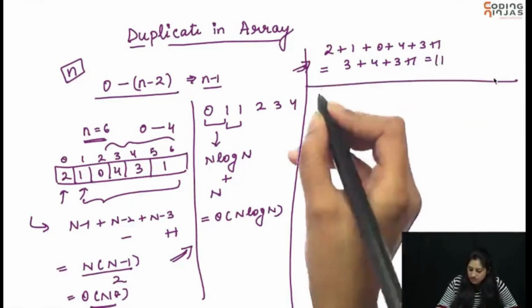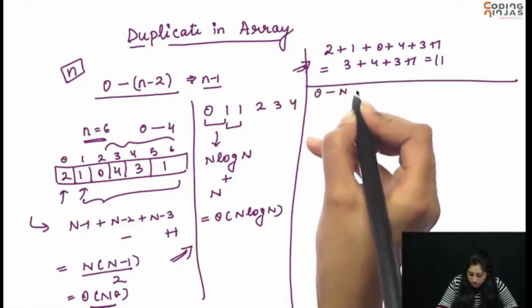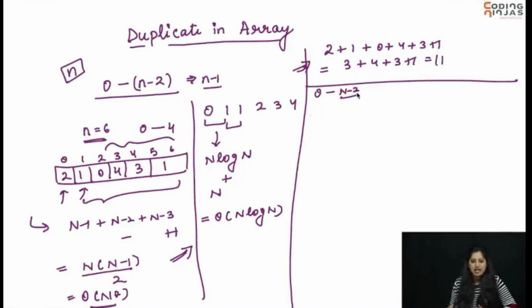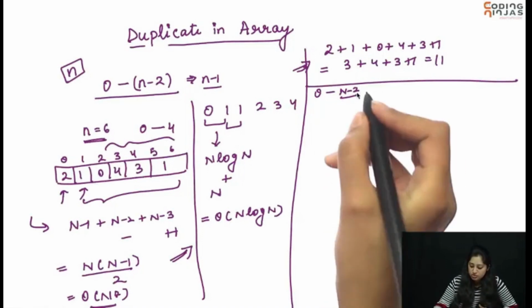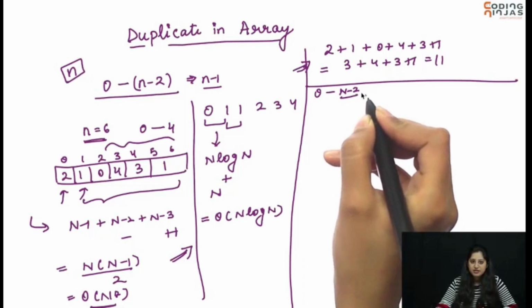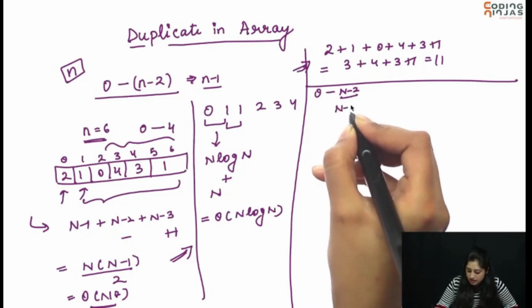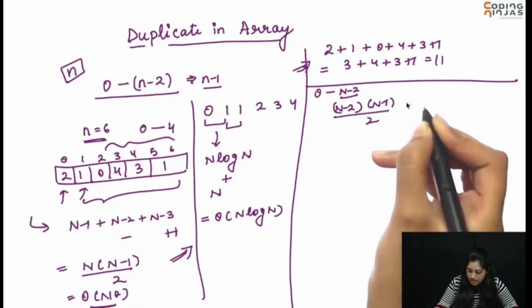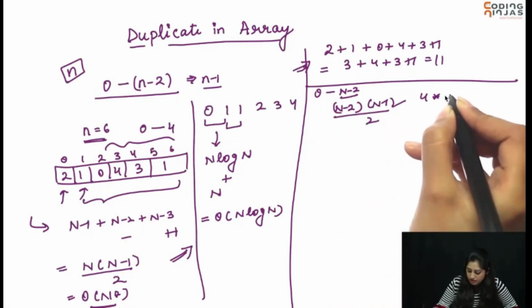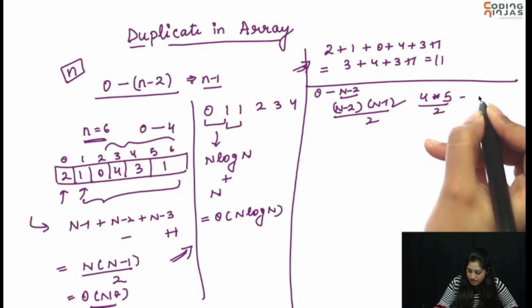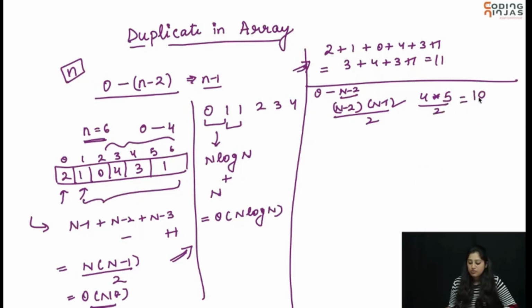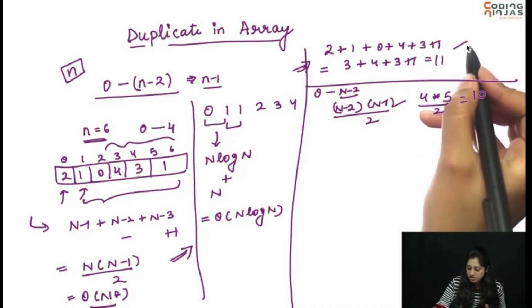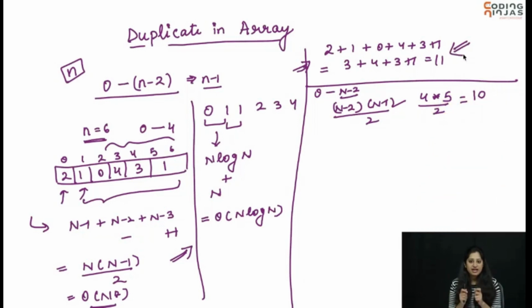If you add, this will be 3 plus 4 plus 3 plus 1, that means 11. Sum of all elements in the array is this. Now, we know elements range from 0 to n minus 2. Why not find sum of first n minus 2 natural numbers? So n is 6, sum of first n minus 2 natural numbers will be n minus 2 into n minus 1 by 2, right? So 4 into 5 by 2, which will be 10. Sum of first n minus 2 natural numbers is 10. Now in the initial sum, only one number is duplicate.